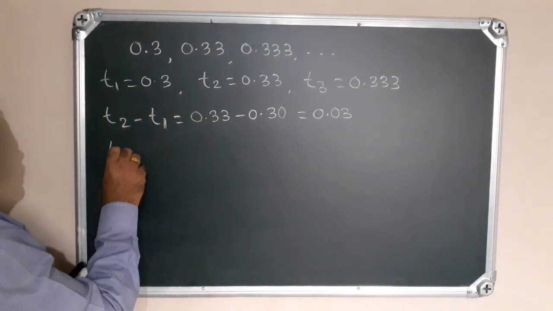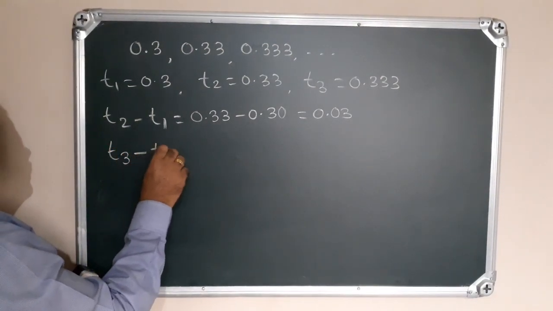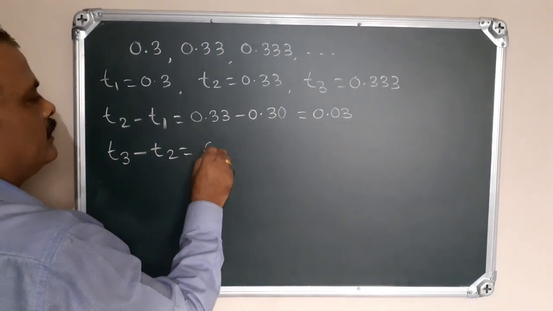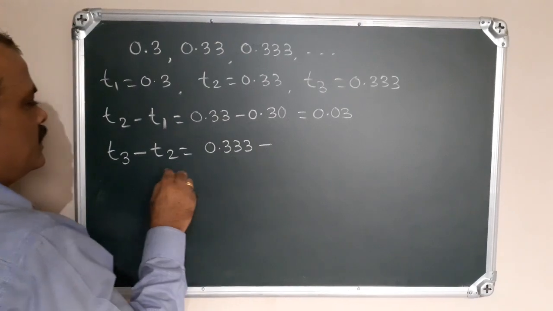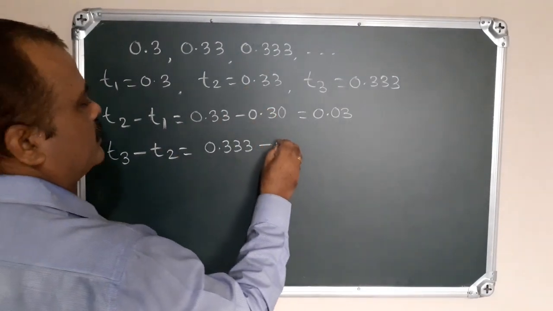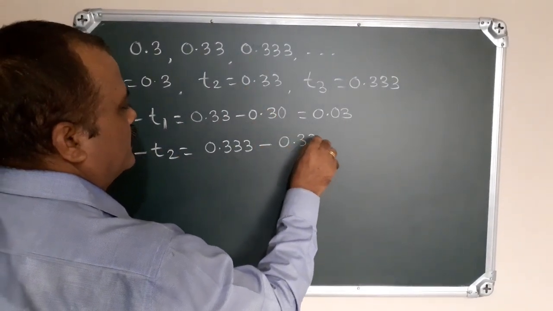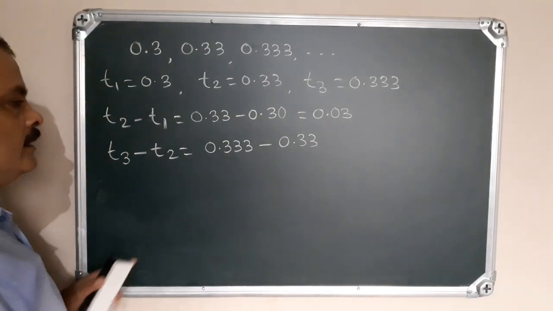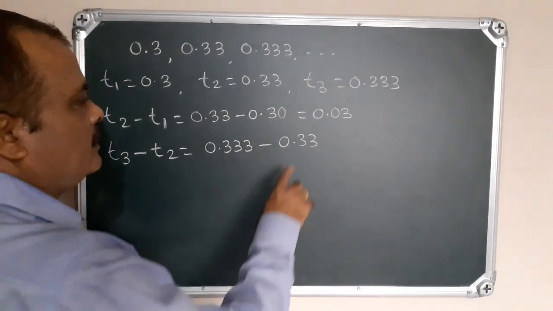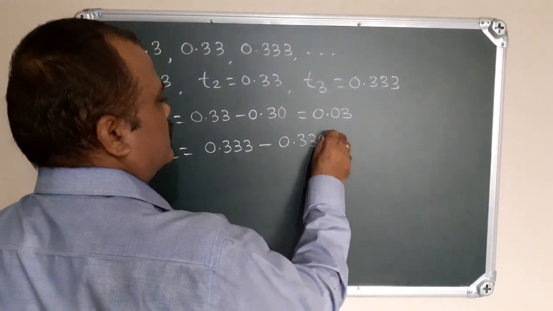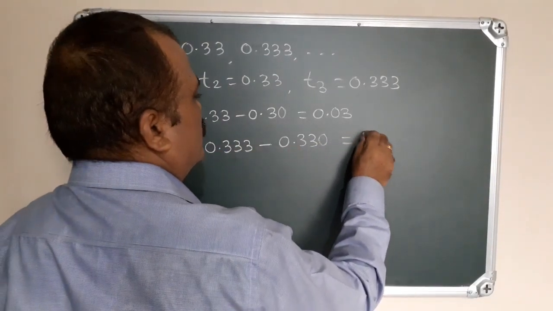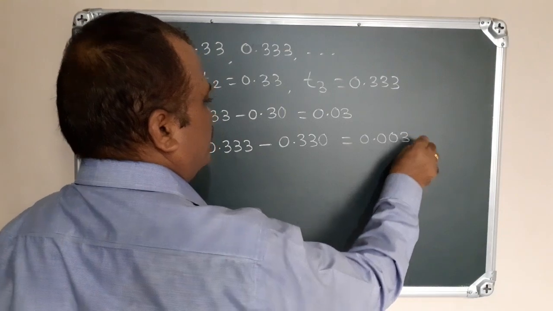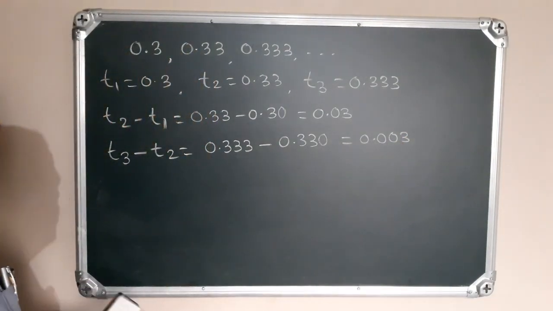Then calculate T3 minus T2. What is the value of T3? That is 0.333 minus T2, that is 0.33. So here there are 3 decimals, so write this also in 3 decimals. So write here 0. So what is the difference? 0.003. This is the difference.